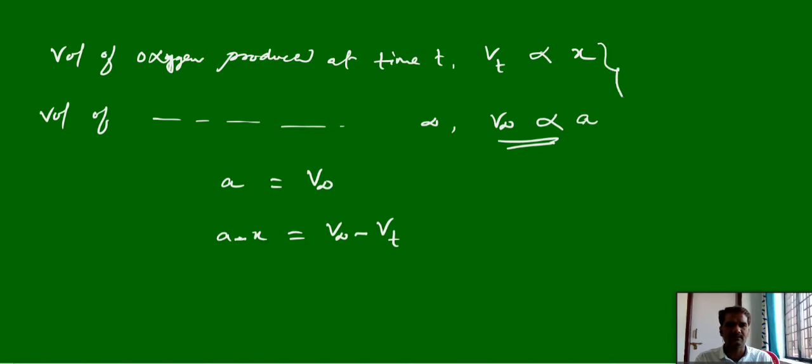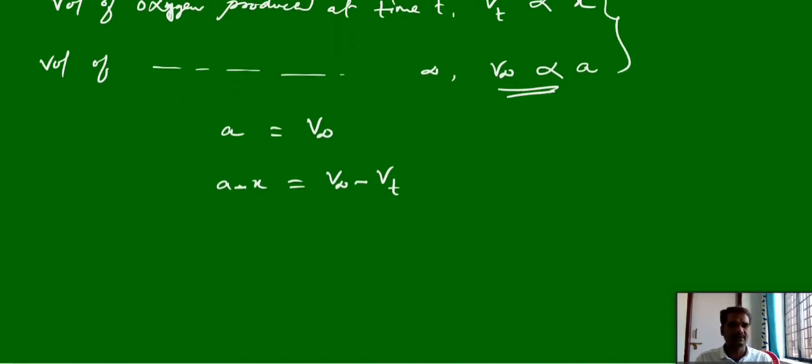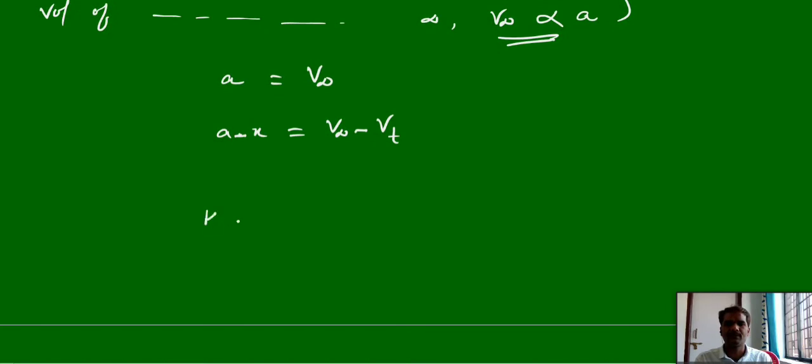So from this data, you can substitute these values in the integrated rate equation of first order. We will get k is equal to 2.303 by t log of A, meaning V infinity, over A minus x, meaning V infinity minus Vt.